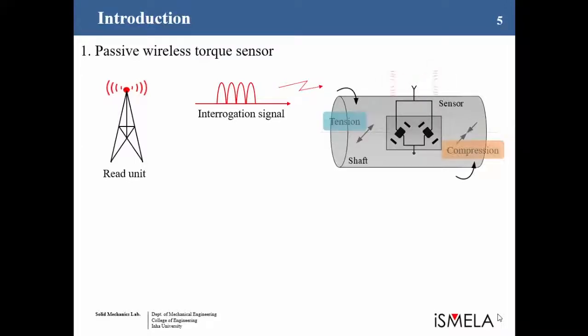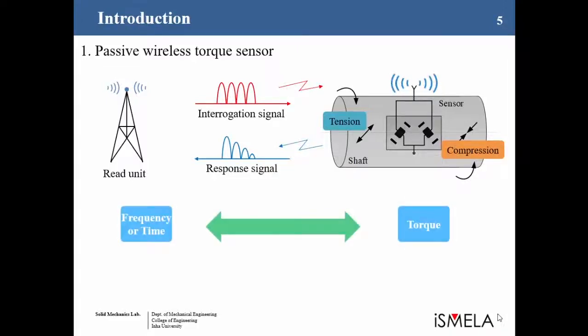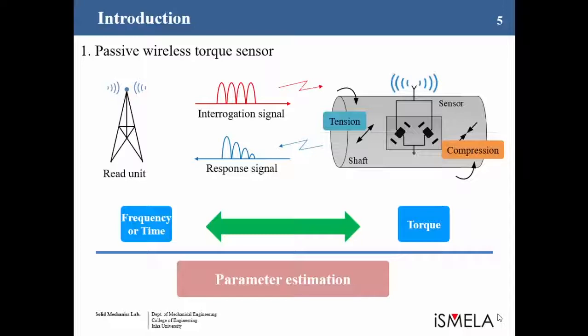When tension and compression occurs, the substrate of the sensor will be influenced. As a result, the response signal will be changed. By processing the response signal, we can get the torque to be measured. But to achieve this, parameter estimation is needed.